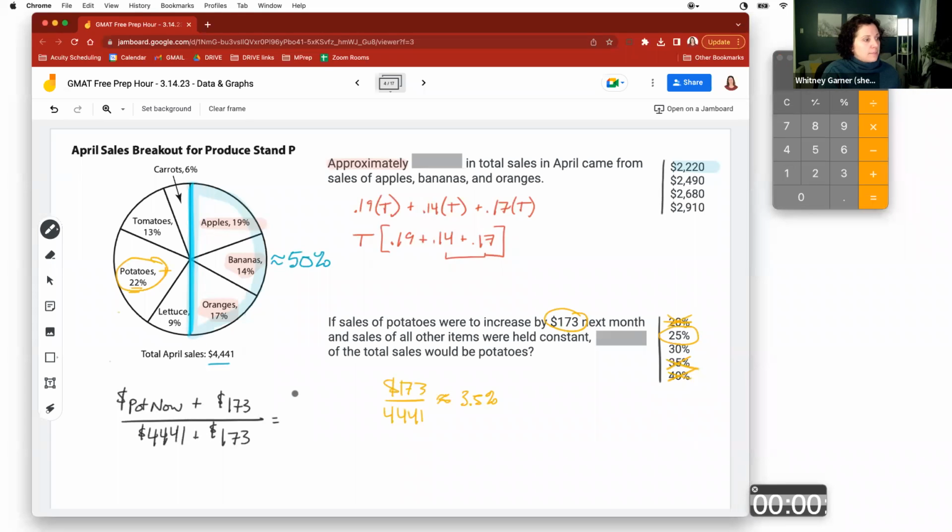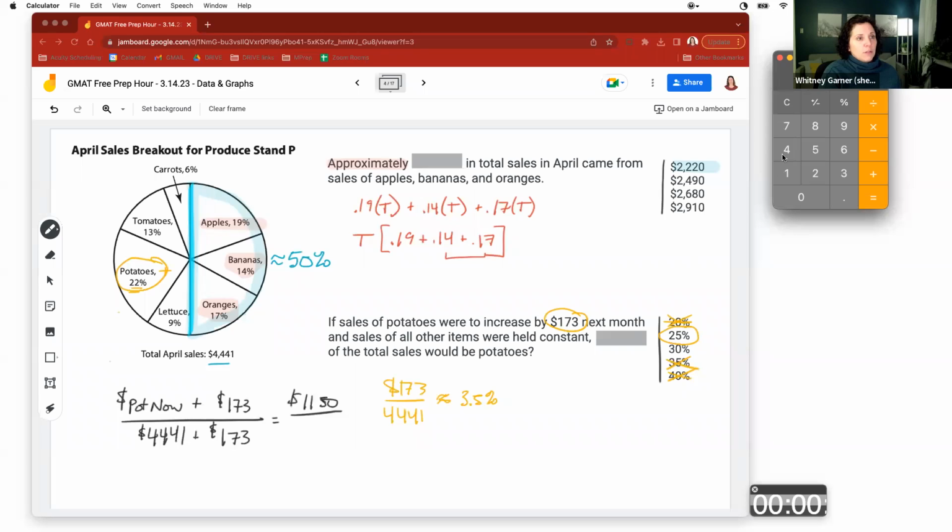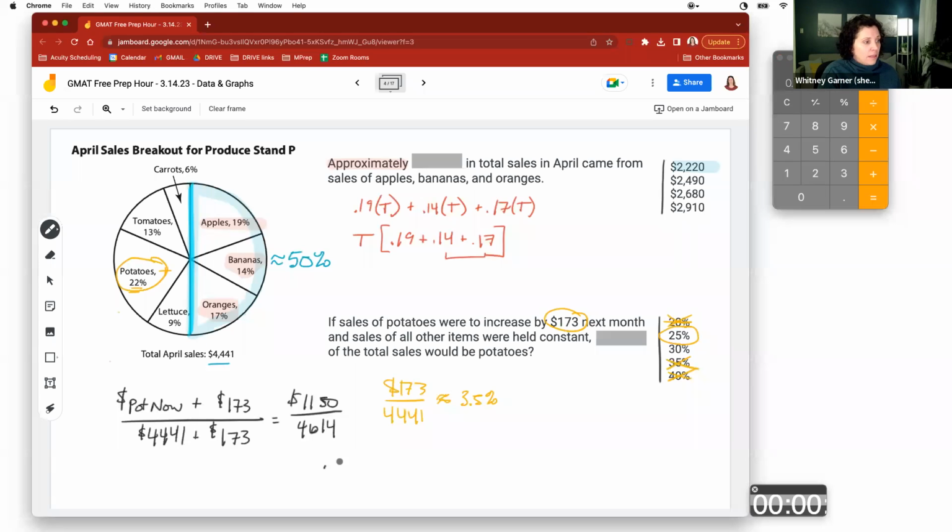So up top, potatoes are going to be worth about $1,150 over 4,441 plus 173, over 4,614. Now I've got to go one more step and divide. So if I'm doing this manually, this is not just slow, but very error-prone, as you've already seen, if I keystroke anything wrong. And now I've got that it is in fact very close to 25%.